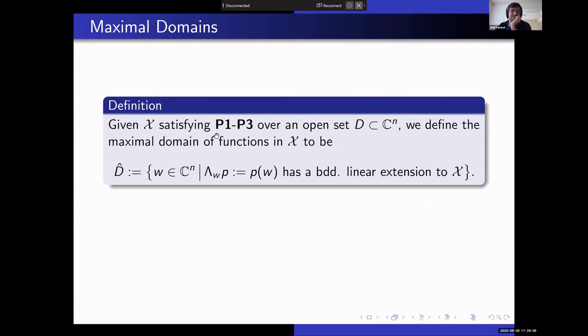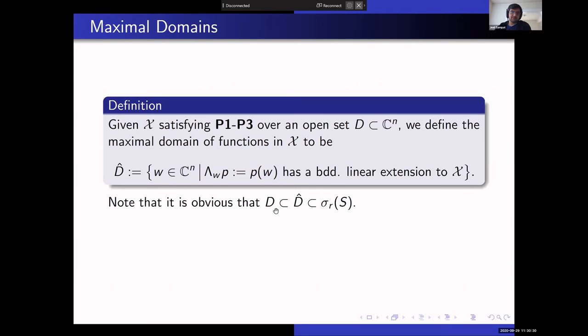So I have my space X that satisfies P1 to P3 over the set D, and we define the maximal domain of functions in X to be the following set D hat, which consists of all w in C^n such that the point evaluation at w on polynomials has a bounded linear extension to all of X, meaning it consists of all the points B from the previous theorem that I want to study. I mean, this doesn't help anything. This is just rephrasing it. But now at least I have an idea of what domain I want my functions to be extended to.